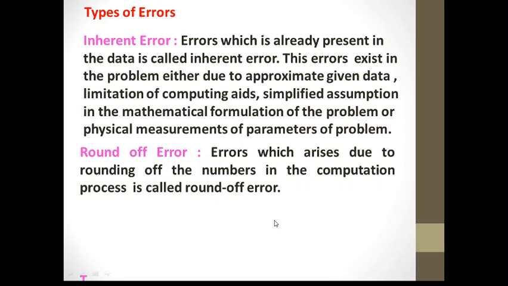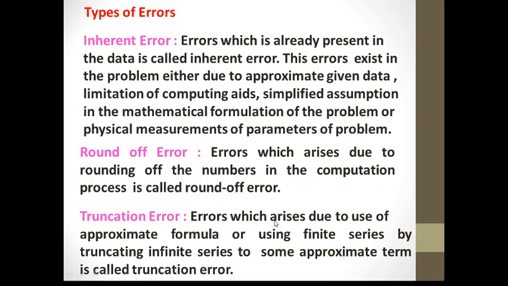The third type of error which we have is called truncation error. These arise due to the use of an approximate formula or using a finite series by truncating an infinite series to some approximate terms.